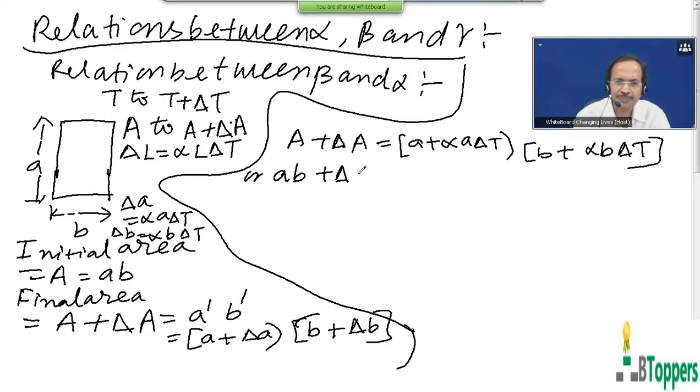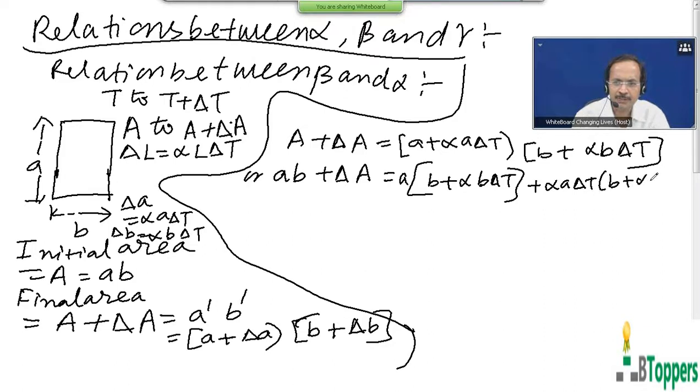Multiplying the first factor a into b plus alpha b delta T, plus alpha a delta T into b plus alpha b delta T. You can further expand this.